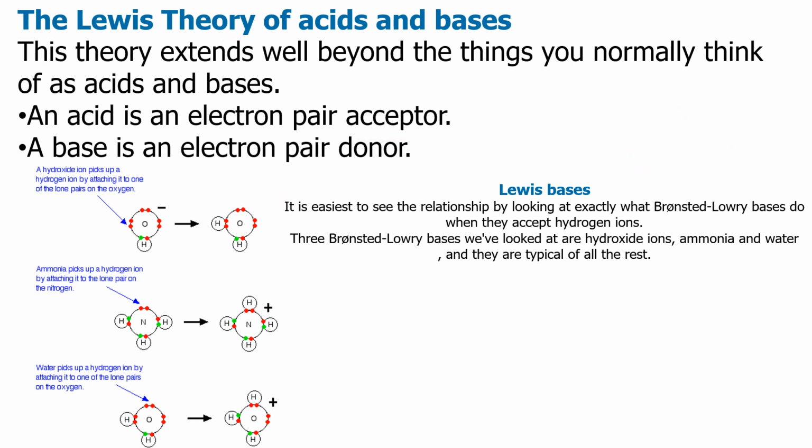Now one more thing to be noted is that in Lewis theory it makes a coordinate covalent bond. Coordinate: it will not give all of its electrons, it will not donate the electron fully, but it will coordinate with that.